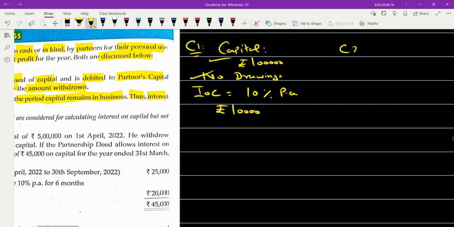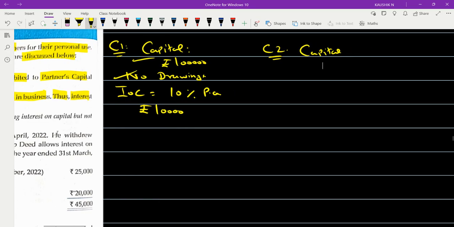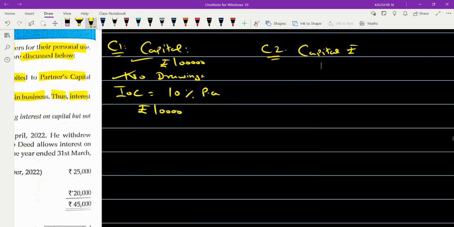Case 2. My capital value is initially 1 lakh, and this was up to 30th of September 23.